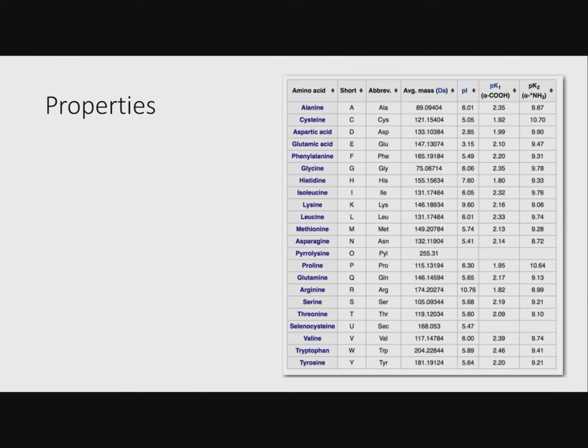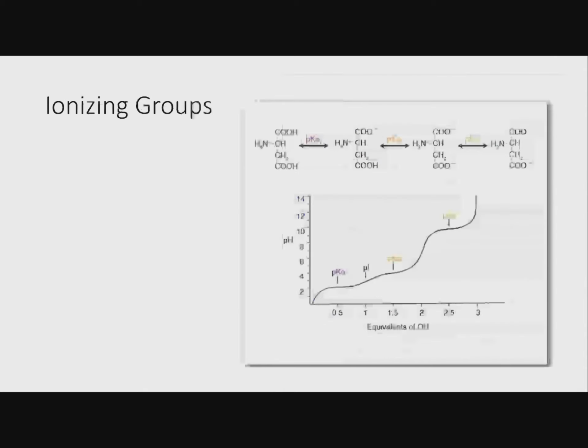Some, but not all, of the amino acids have R groups that can ionize. The charge of the protein then arises from the charges of those alpha amine groups, the alpha carboxyl groups, and the sum of the charges on the ionized R groups. And so in the titration or ionization of aspartic acid, which I've got here, you can actually see all those different changes.